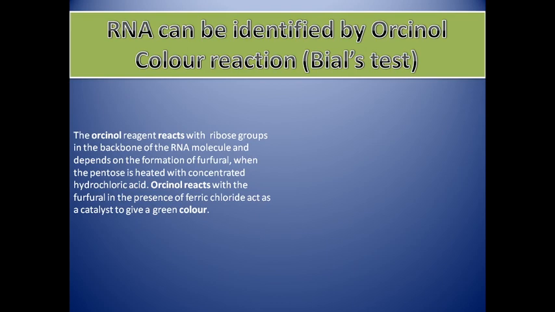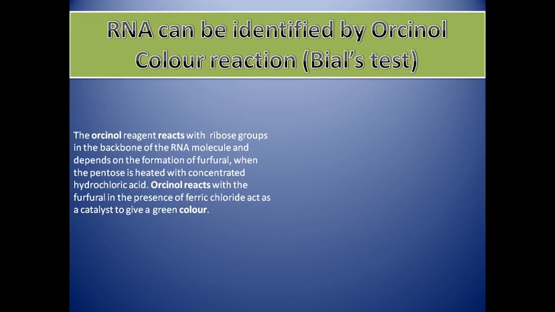When the pentose is heated with concentrated hydrochloric acid, Orcinol reacts with furfural in the presence of ferric chloride, which acts as a catalyst, to give a green color.